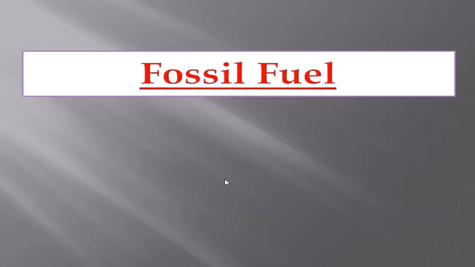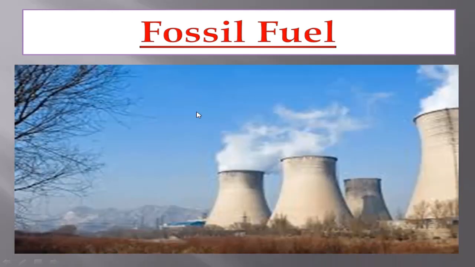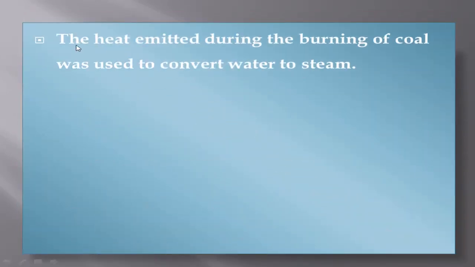Then we will learn about fossil fuels. What are fossil fuels? These are some fossil fuel plants. The heat emitted during the burning of coal was used to convert water to steam.